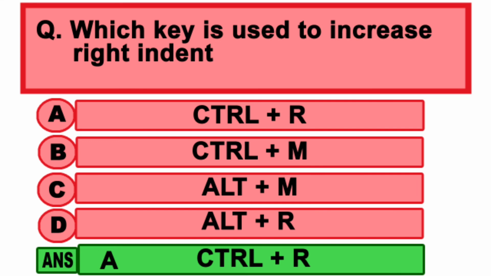Alt M: in MS Excel, Alt M opens Formula tab in the ribbon. In MS Word, Alt M opens Mailings tab in the ribbon. Alt R: in MS Word, Alt R opens Review tab. The correct answer is answer A. Control R.